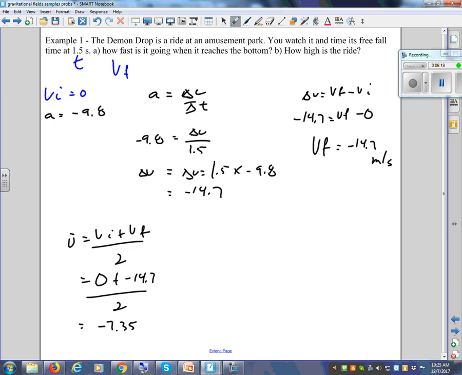And now you can go V bar equals D over T. Minus 7.35 equals D over time, which is 1.5. And again, you're multiplying, and you get 11.025 meters. Probably 4 marks there.